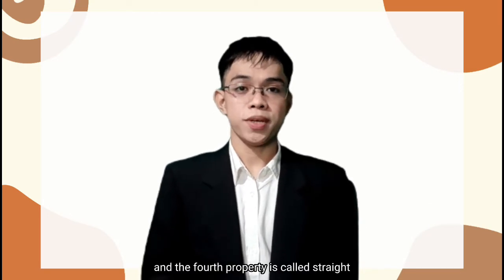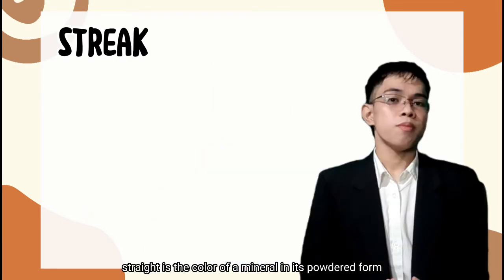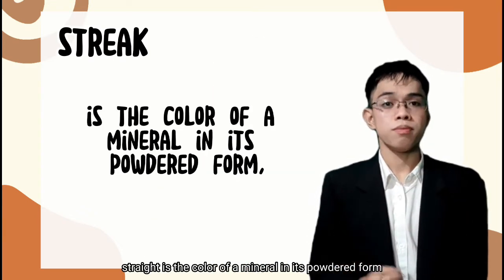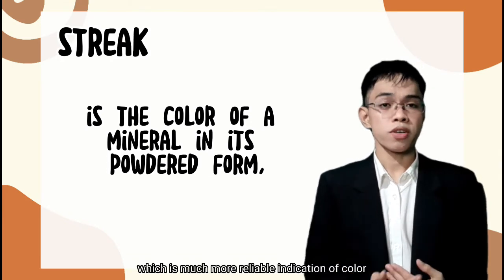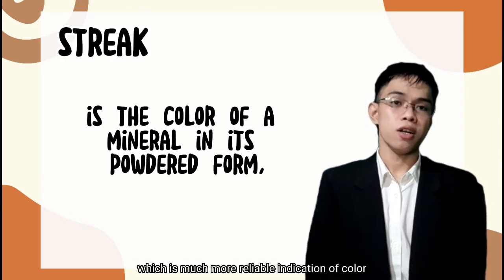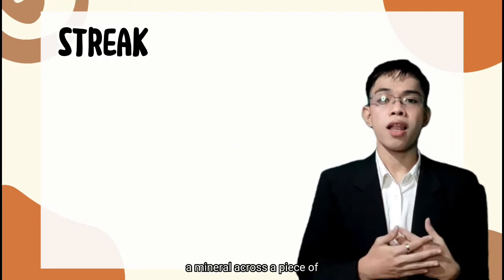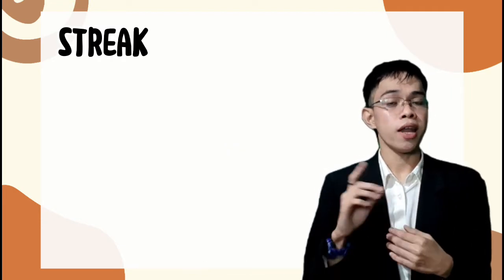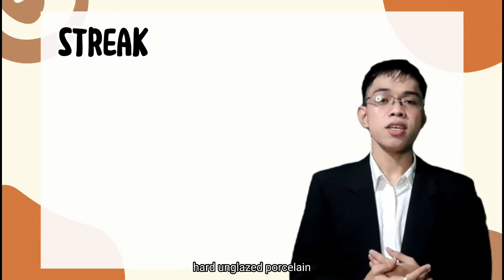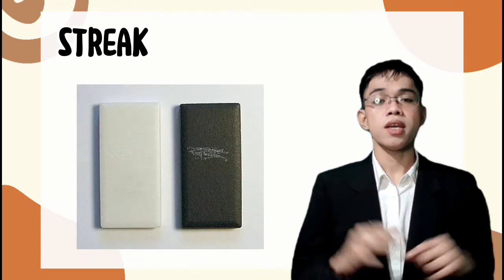And the fourth property is called streak. Streak is the color of a mineral in its powdered form, which is a much more reliable indication of color. Streak is obtained by rubbing a mineral across a piece of hard unglazed porcelain termed a streak plate.